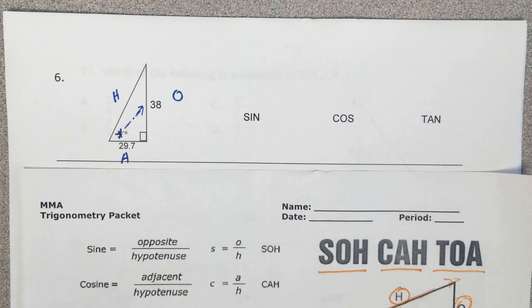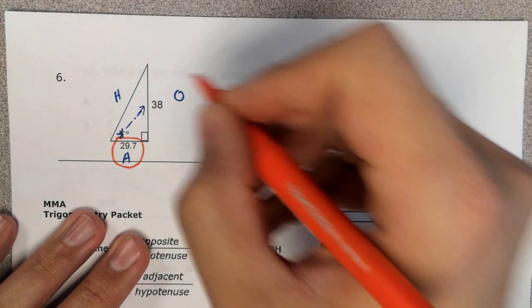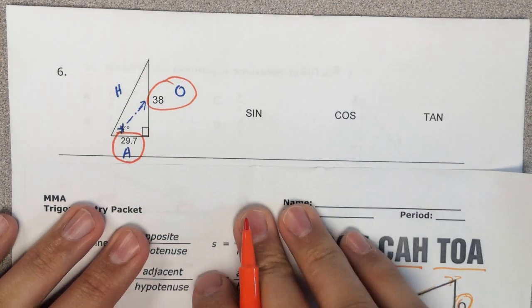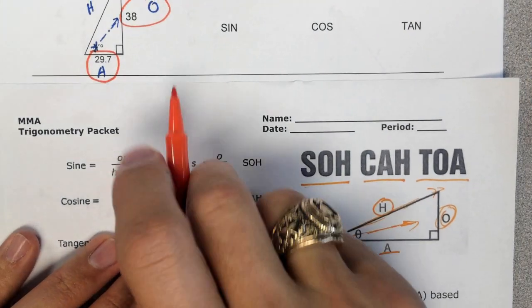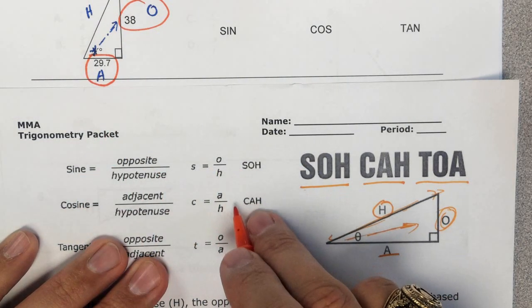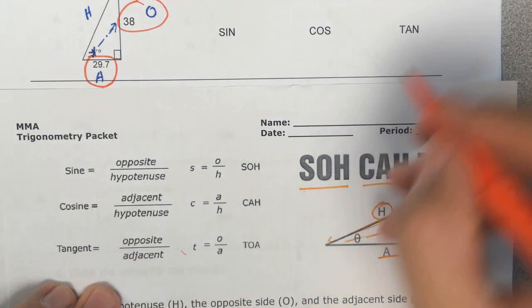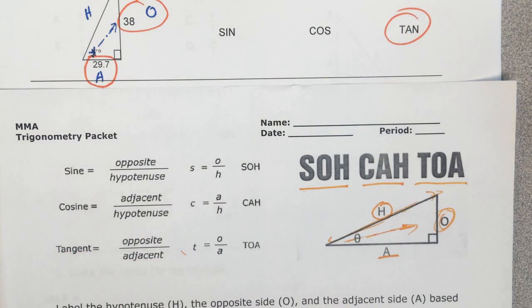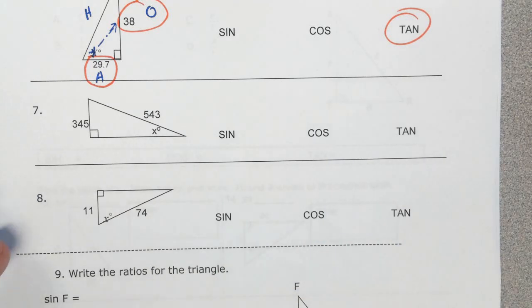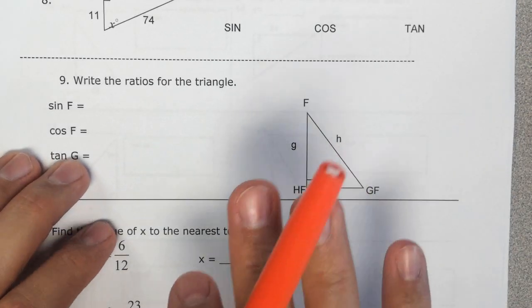We now have the adjacent and we have the opposite. So which of our trigonometric functions has the O and the A? That's going to be the tangent. Let me skip those. I'll eventually let you all work on those.